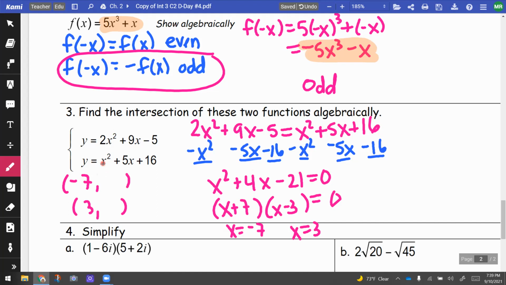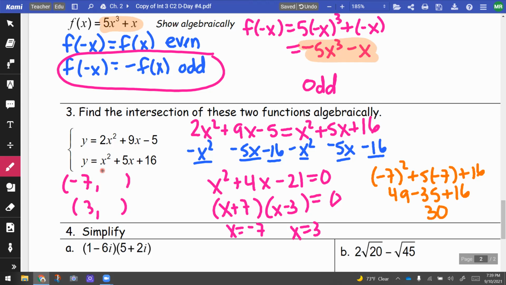Let's say I put it into this bottom one here. So let me just do it in orange. Okay. So I'm going to be going -7 squared plus 5 times -7 plus 16. So that's going to be a 49 minus 35, which is going to be a 14 plus 16, which is going to be a 30.